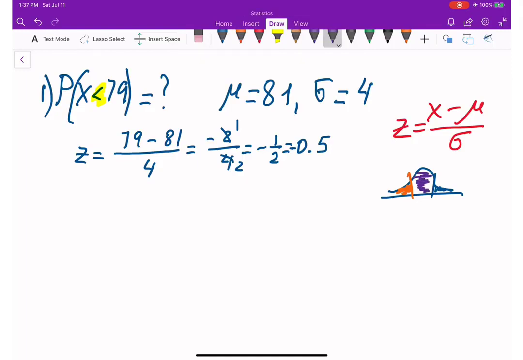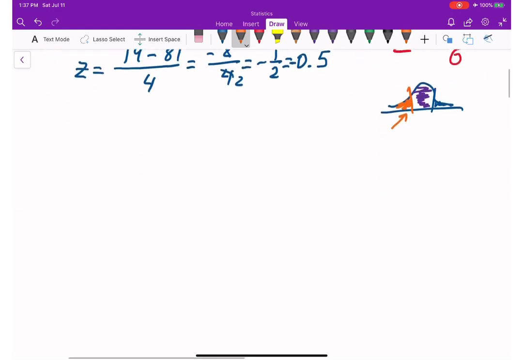We are going to use the left tail table because for schools we usually use it. And since we have x less than 79, this table is going to work perfectly without any modifications. So Z-score equal negative 0.5. Let's go to our table.